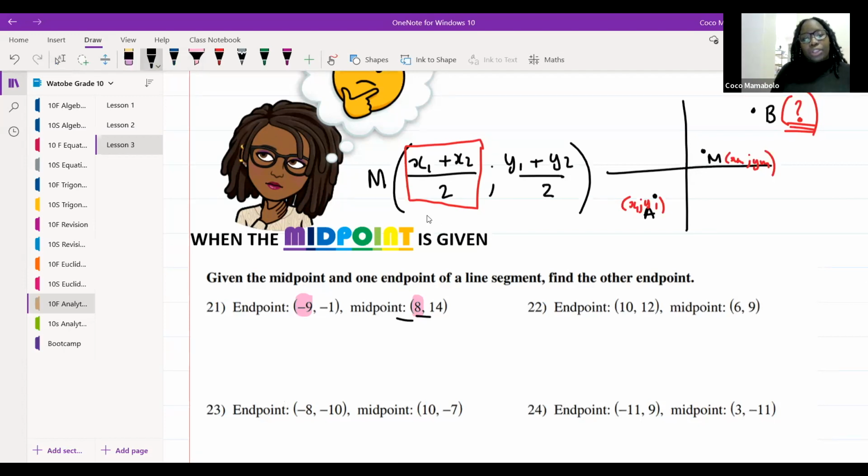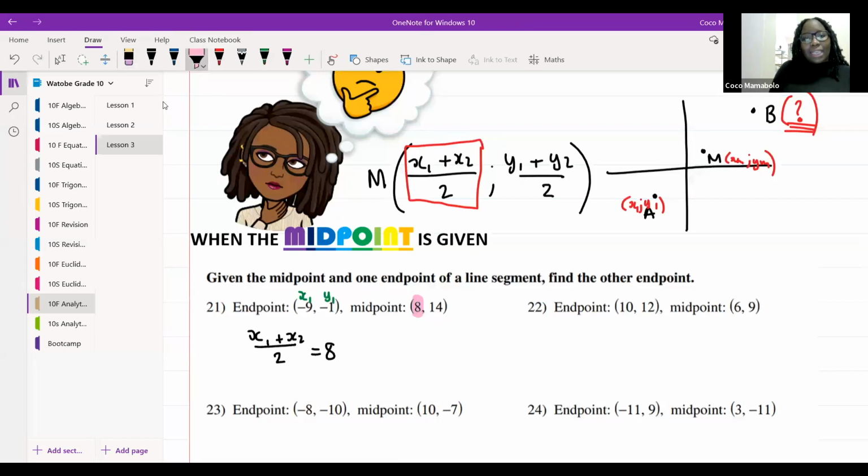So I'm then going to say (x1 + x2)/2 would equal the midpoint. What is my midpoint, guys? My midpoint value is 8. So I'm going to make my midpoint formula equal to 8. But if we look at this, we only have x1 and y1.